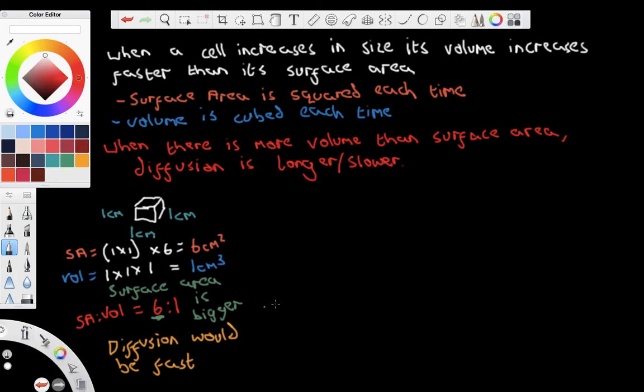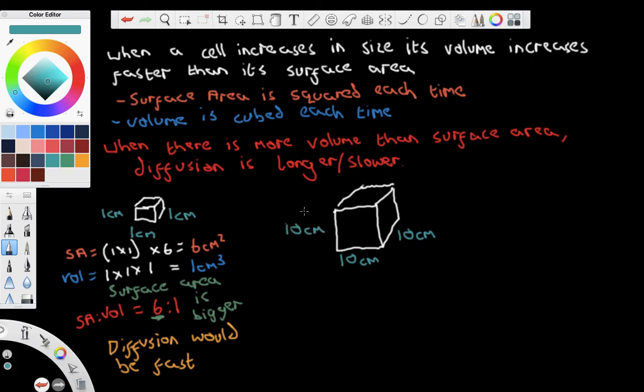On the other hand, if we do another cube, and this time it's going to be much bigger, in fact it's going to be 10 times bigger, we're going to have 10 by 10 by 10. 10 centimetres by 10 centimetres by 10 centimetres.